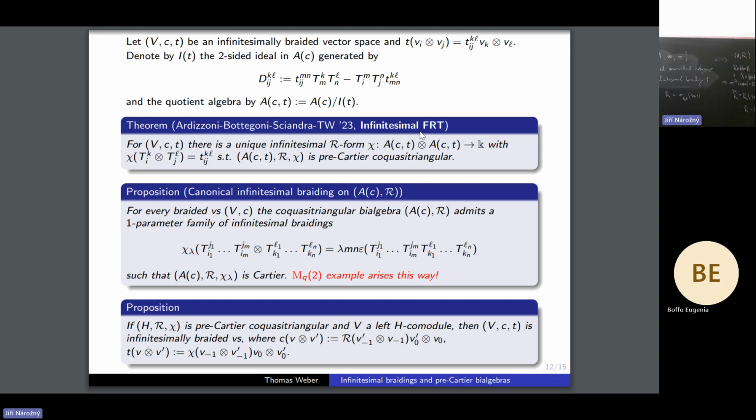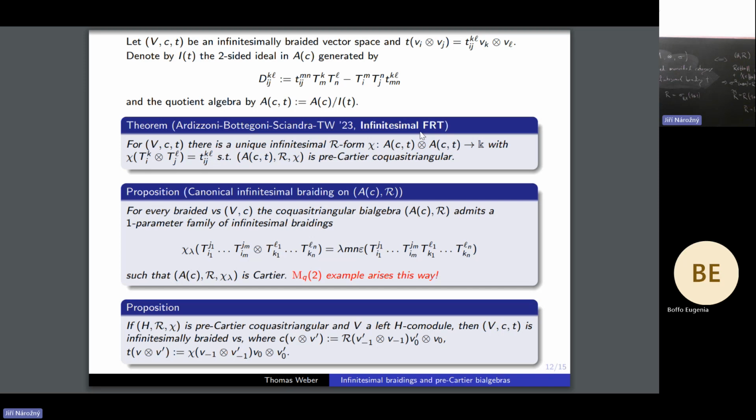Okay, so this was the definition of this infinitesimal braided vector space. Now we can use this to go from the quotient that we've seen in FRT to a double quotient. So if you have this braided vector space with T, you take as your T with the 4 indices, the coefficients of T, and you take the two-sided ideal I_T in A(C) generated by those guys. So it looks just like on the previous slide, with the difference that here we don't have the small c's, but the small t's.